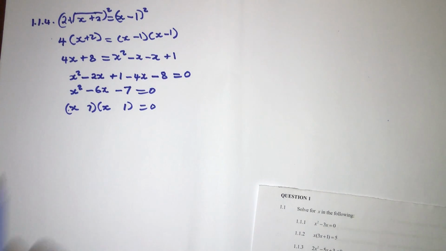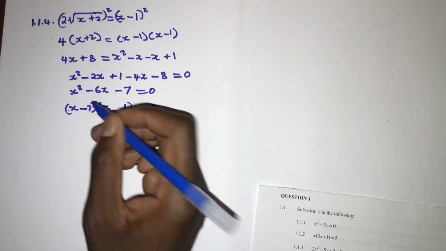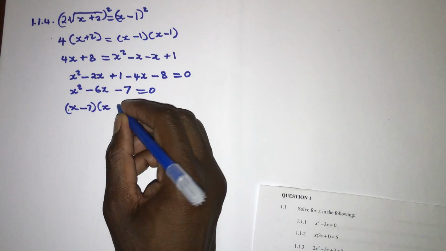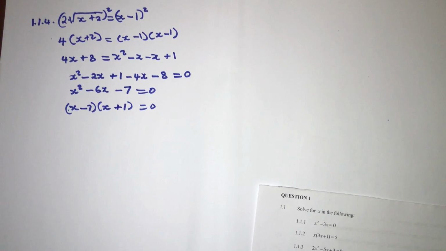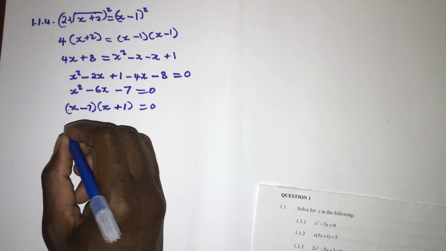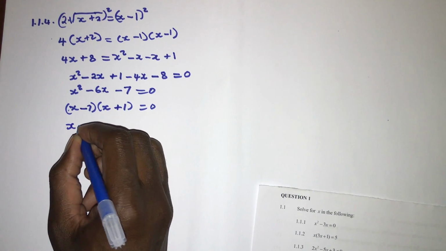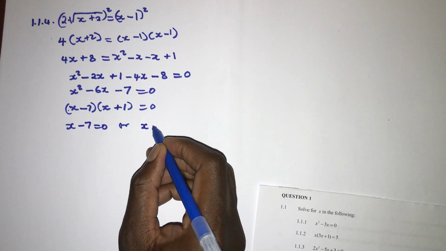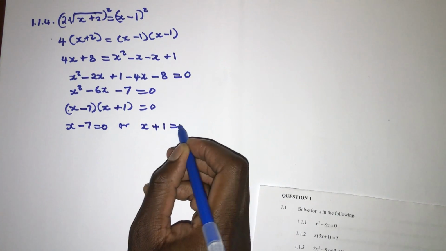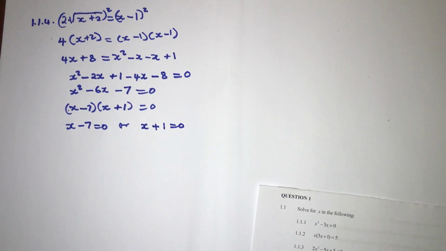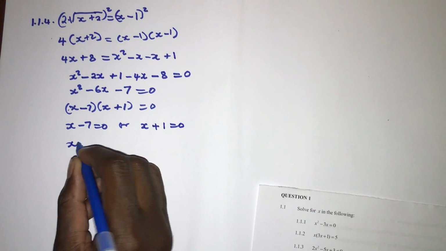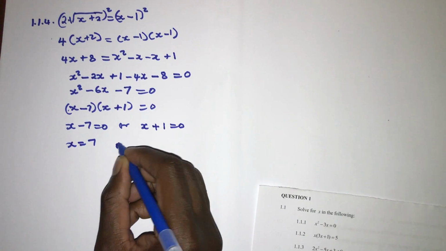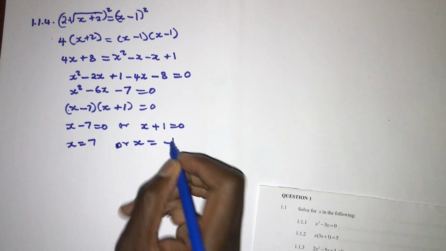The middle sign means that the bigger number must carry the negative sign. So the bigger number here is 7, that means it's going to carry the negative sign, and the other one is going to be the positive one. So here we have x minus 7 is equal to 0, or x plus 1 is equal to 0. So from here now, x is equal to 7, or x is equal to minus 1.